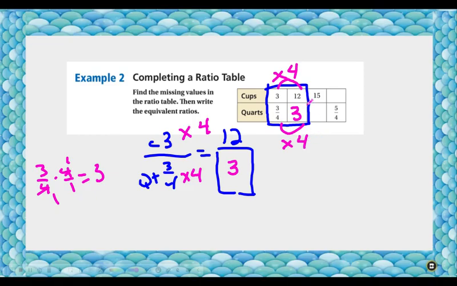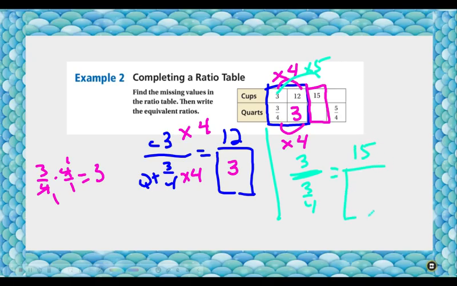Okay, so now let's find the relationship between this one. So I look from 3 to 15. So I can see clearly that we can just go 3 times 5 is 15, right? But sometimes I like to rewrite it. So 3 over 3/4 equals 15, and we're looking for the bottom.